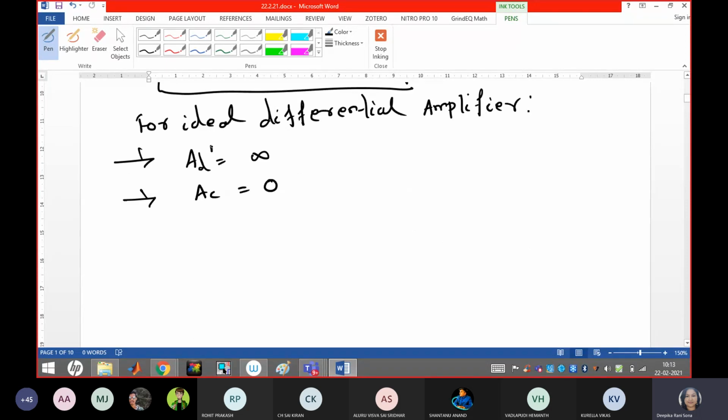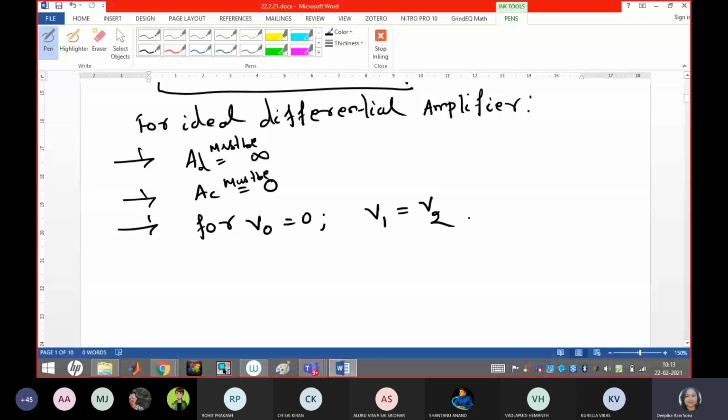Just to write in a short format, I am writing equal to 0 so that you can remember it quickly. And suppose we want V0 to be 0. At that time, what should the condition be? If we have to make the total output voltage 0, both of the inputs must be equal.